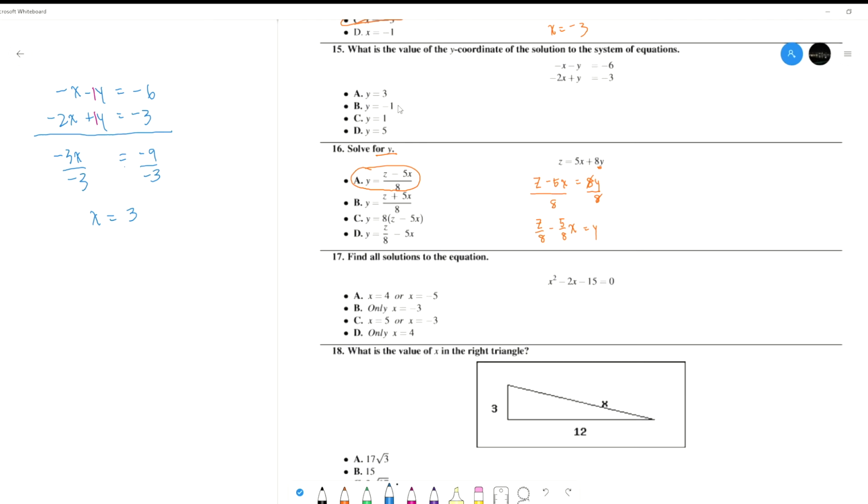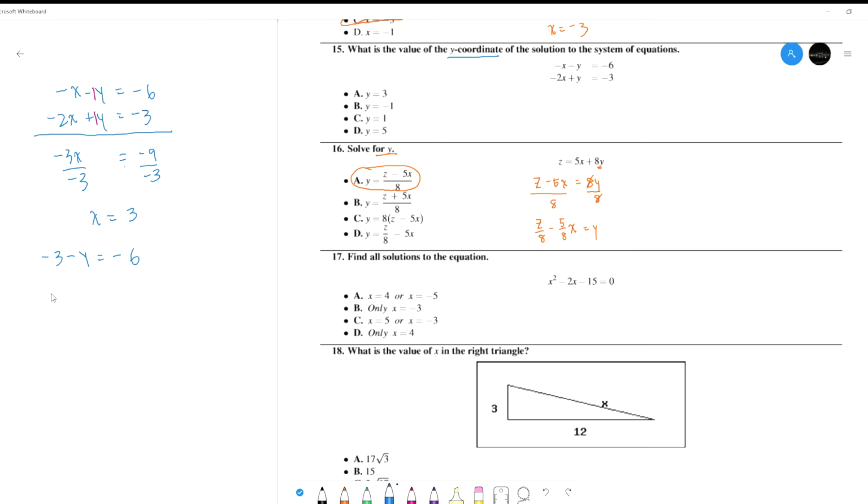Right? Now they're asking us what is the y coordinate. So we have to solve for y anyway. We can substitute it back into either one of the original equations. I'm going to substitute it into the first. So negative x minus y is equal to negative 6.